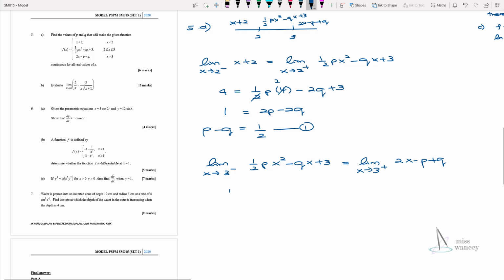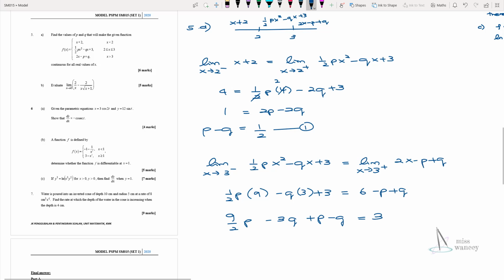So we are going to get half p, 3 squared is 9, minus q times 3 plus 3. This is equal to 2 times 3, 6 minus p plus q. Okay, so this one will be 9 over 2 p minus 3q, so this is plus p minus q equal to 6 minus 3, which is 3.